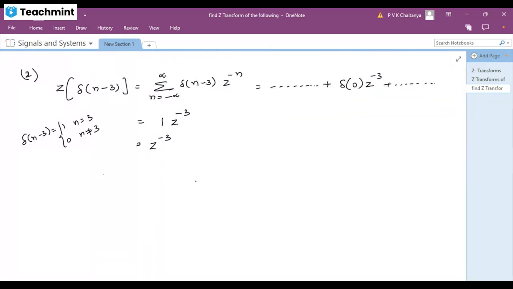Therefore, the z transform of del of n minus 3 is going to be z power minus 3. So for del of n minus n naught, the z transform is z power minus n naught.